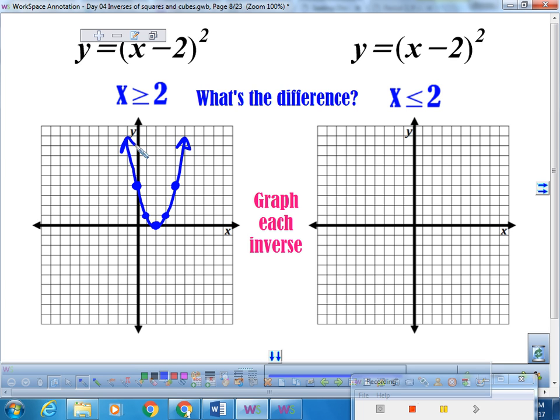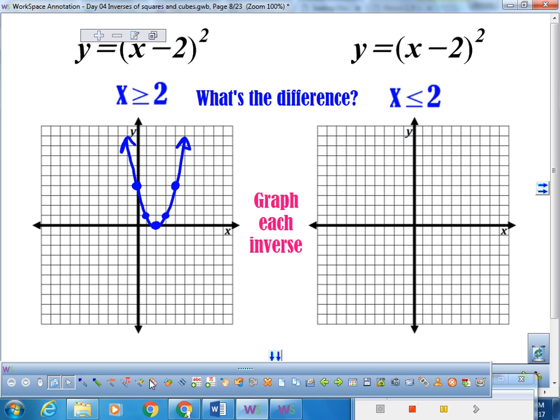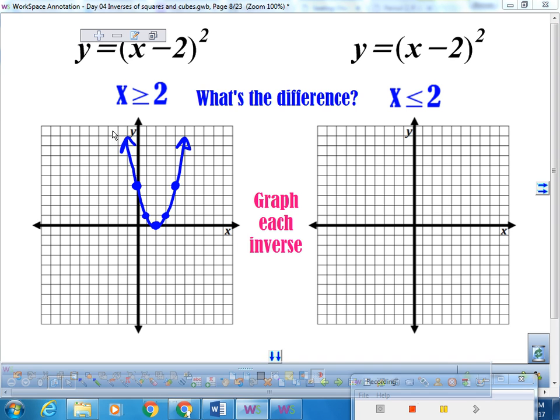Why would I care about when x is greater than 2? There's a reason. Yes, but why would I care about the restriction? Let's hear it, Nick. Okay, you guys are doing real world, and I guess I'm just not answering it correctly.